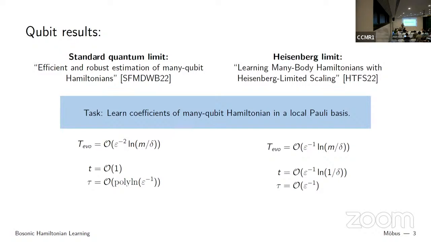But I'm not sure about Heisenberg scaling for Lindbladians. About our scheme, I think it should work. It's more tedious to do, but it should work, because we also have a Lieb-Robinson bound for the Lindbladians and so on.